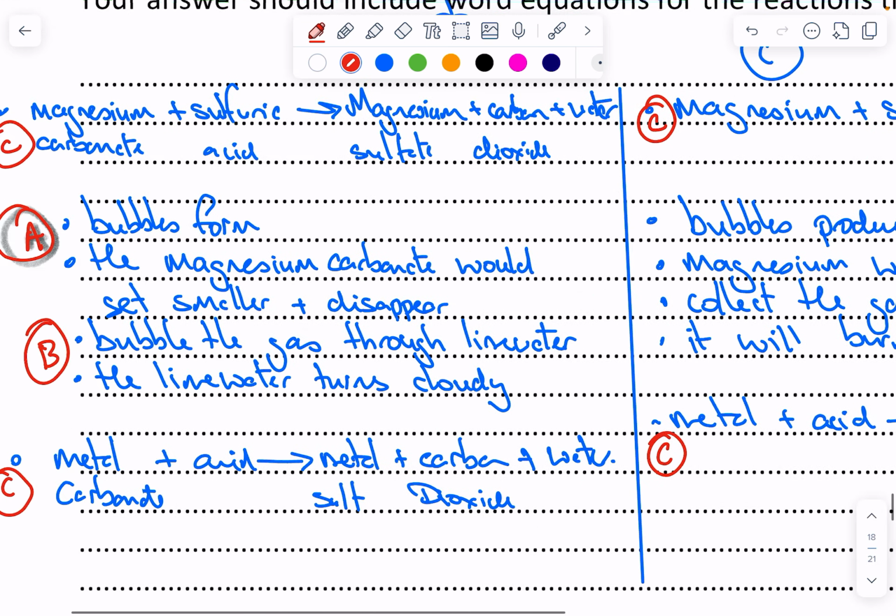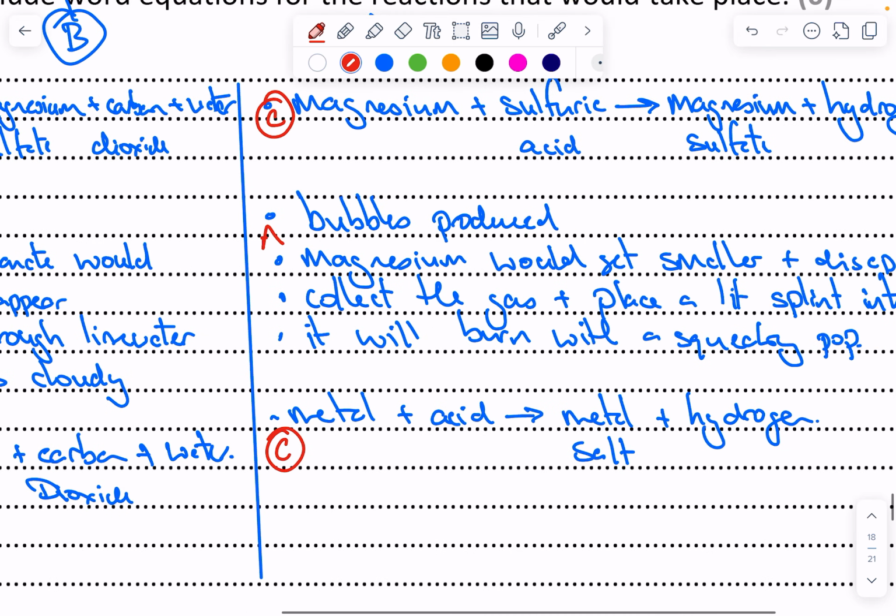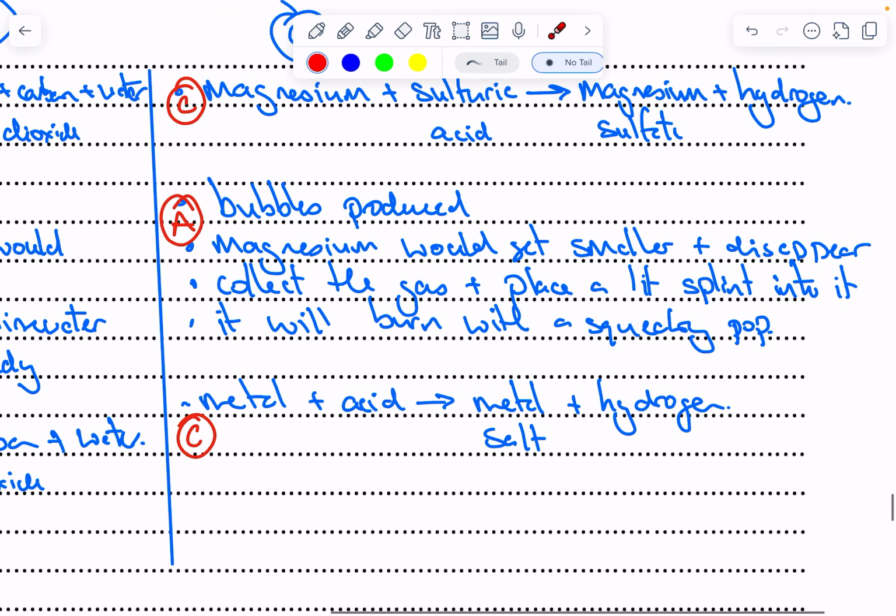I've then described what I'm seeing happening. So I've got bubbles of gas forming. The magnesium would get smaller and again eventually disappear as it reacts. And then the final bit, part B, is describe the test for the gas. So you collect the gas, put a lighted splint, and the gas should burn with a squeaky pop.